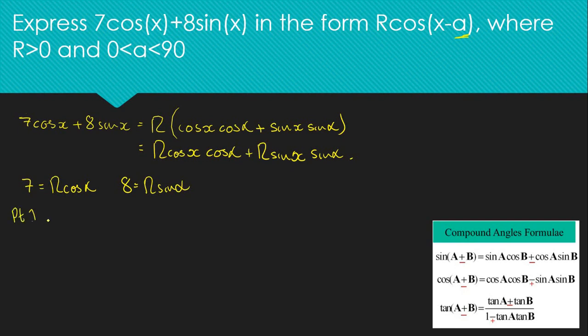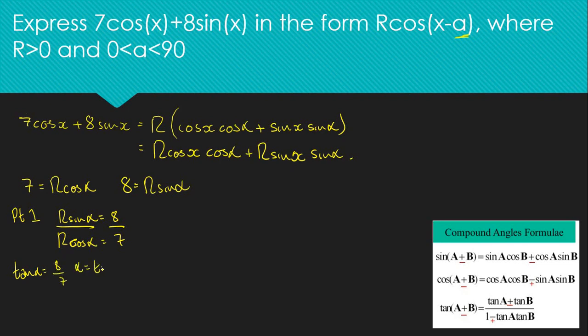For part 1, we're going to work out the tan bit, so R sin α equals 8, over R cos α equals 7. If this is equal to this and this is equal to this, then this over this must be equal to this over this. That's the rationale behind it. So we get tan α equals 8/7.